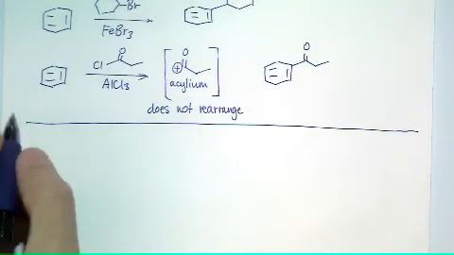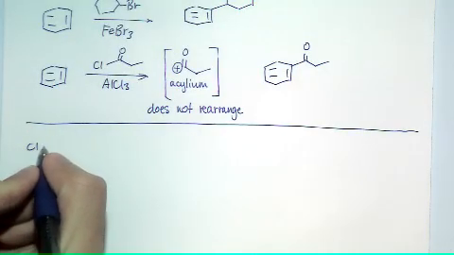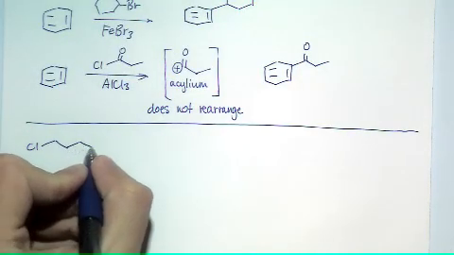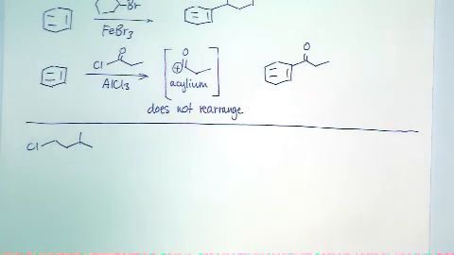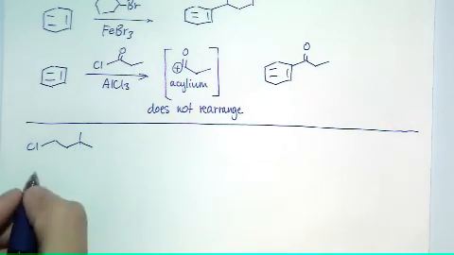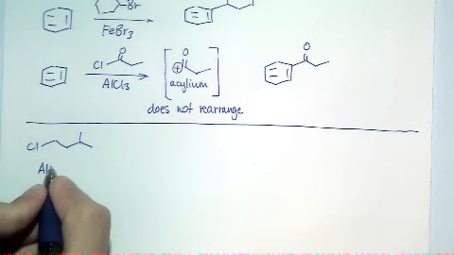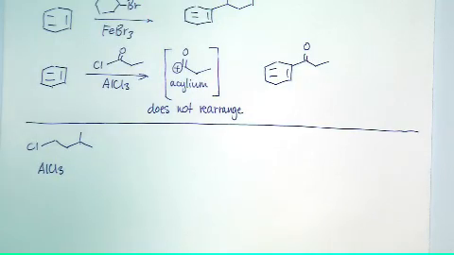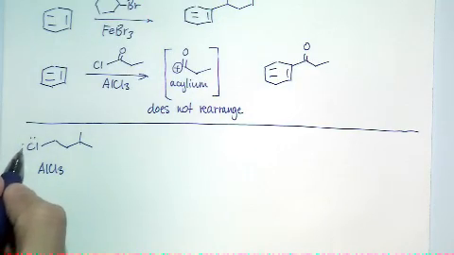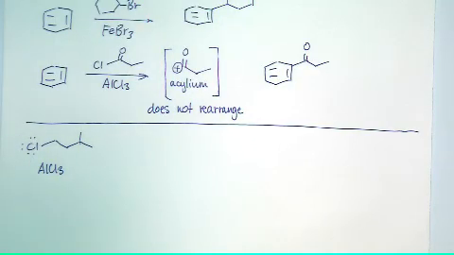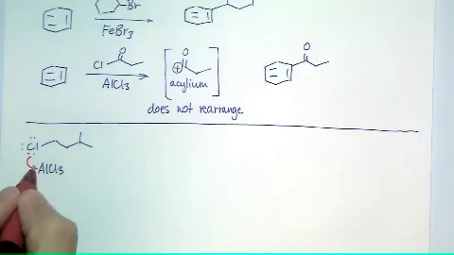Okay, so we're going to start with the first step, which is going to involve just the alkyl halide and the aluminum catalyst. So it's going to coordinate to the metal like this.